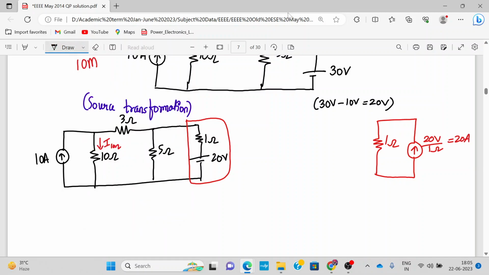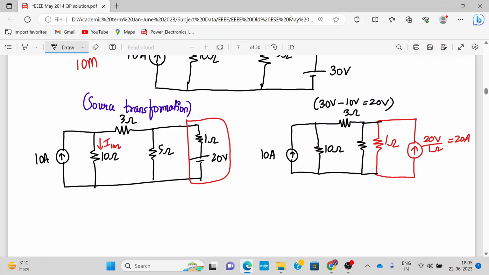And draw the remaining circuit quickly. Alright, 10 ampere, 10 ohm, 3 ohm, 5 ohm.